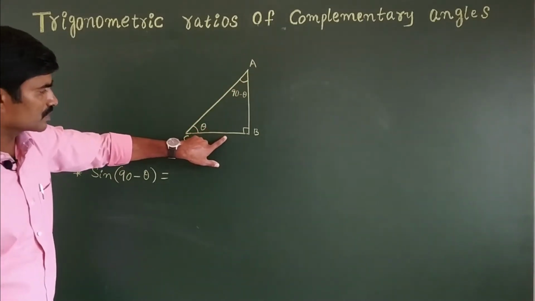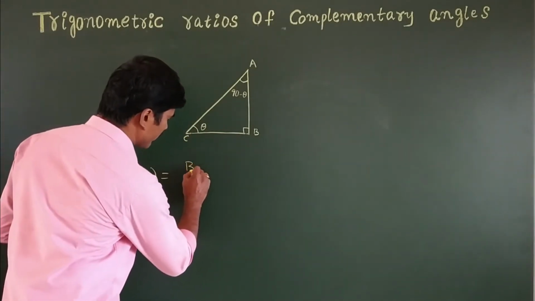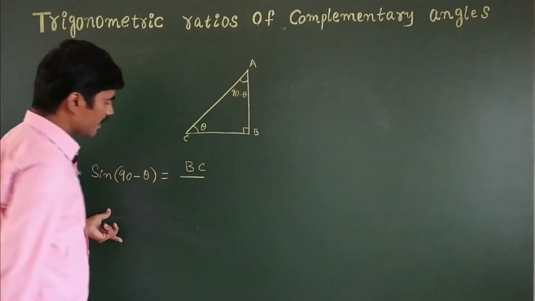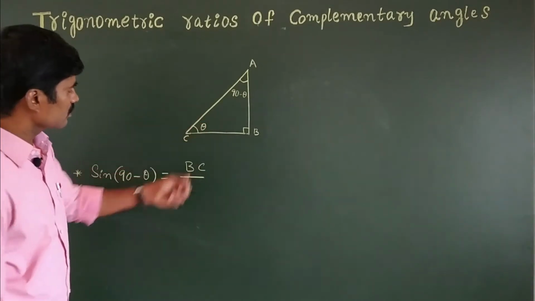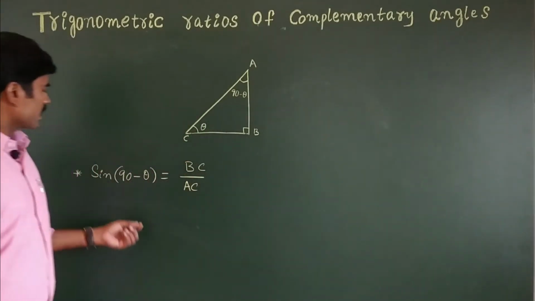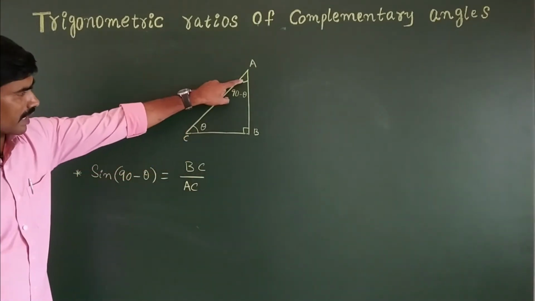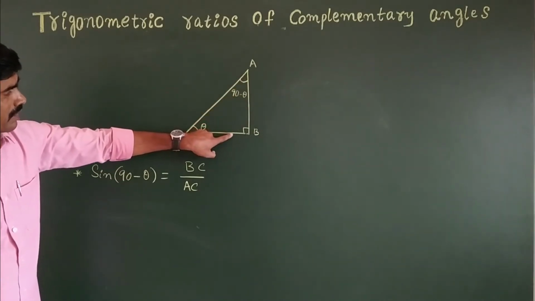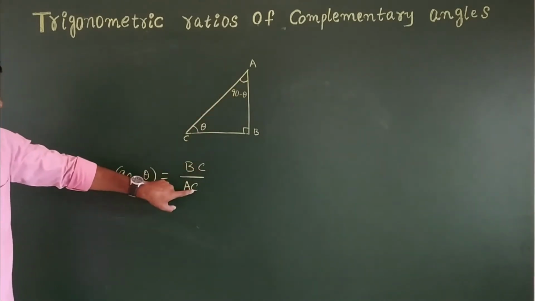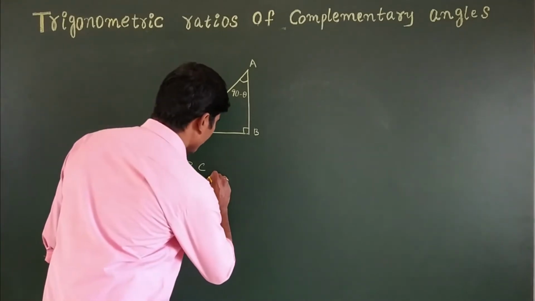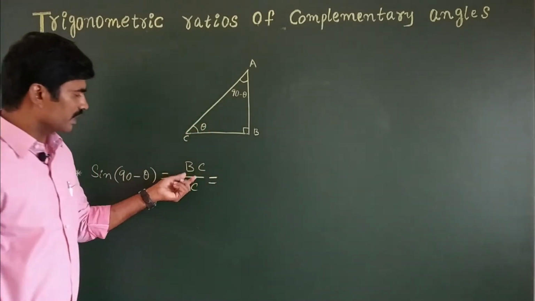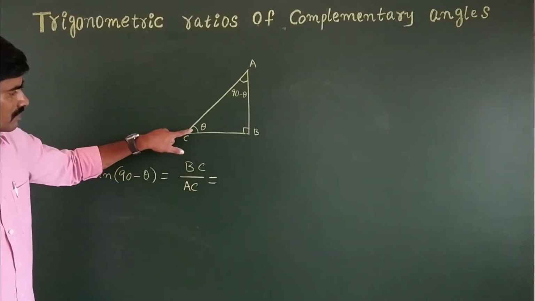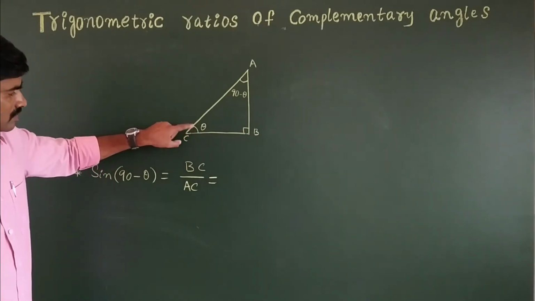That is BC, and the hypotenuse is AC. So sin 90 minus theta is BC by AC. Now compare with the angle theta.